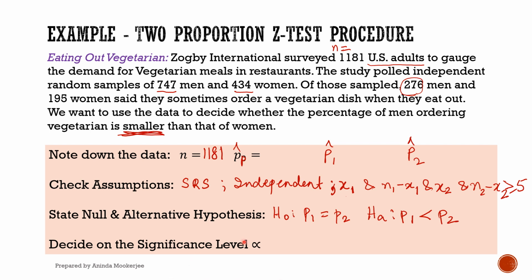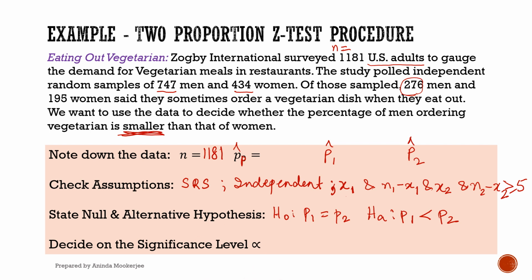And keep in mind there's no hat over the P's when stating the null hypothesis and the alternate hypothesis. Why did I put a less than sign? Because you have to look for how you're going to state your alternate hypothesis in the question itself. It says we want to decide whether the percentage of men is less than, smaller than that of women.